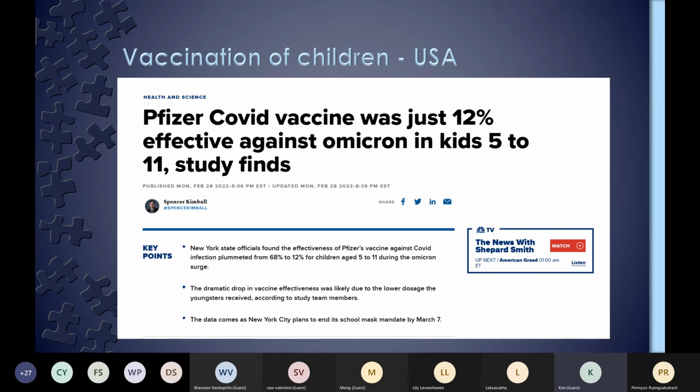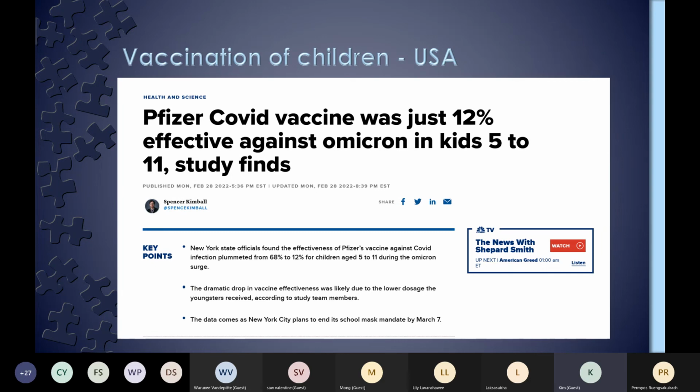Now, the thing I would mention here, firstly, is that it's against infection, not against disease, and that all vaccines actually have rather limited protection against infection with Omicron. Really, the reason we vaccinate people is to protect against disease. And as the previous presentation showed you, the effectiveness against Omicron disease is still reasonable.